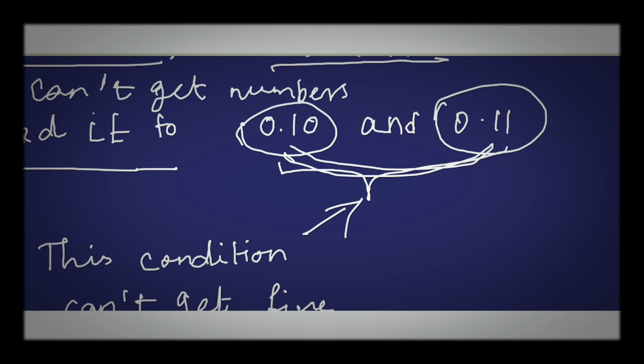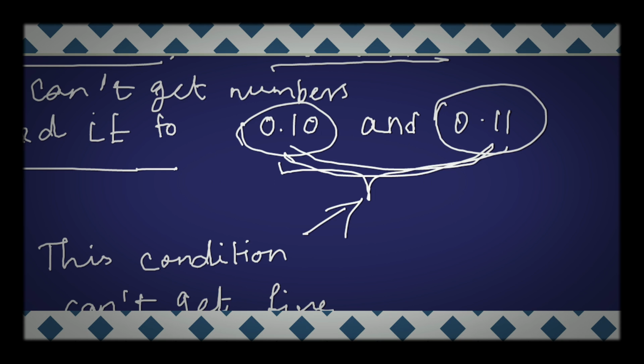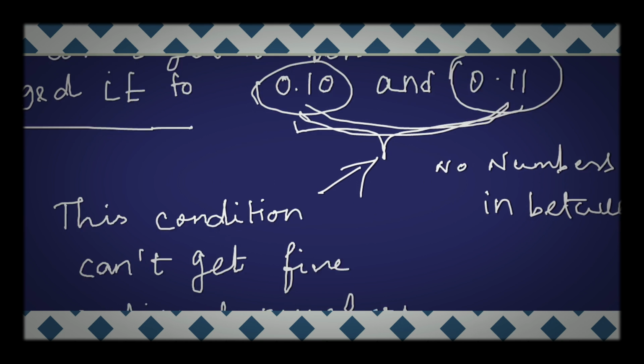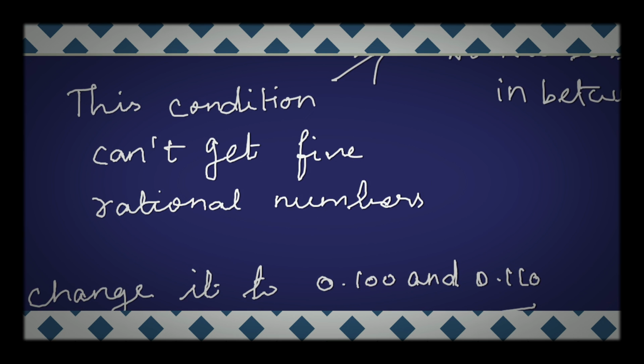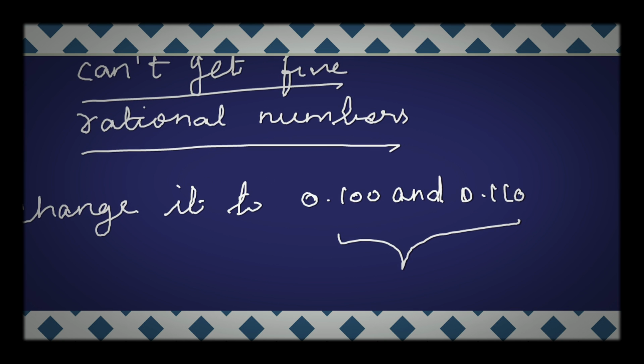But when you look at the numbers 0.10 and 0.11, it's just the immediate next number after 10. So numbers in between are not possible. So we get no numbers in between, as it is 0.10 and 0.11. In this condition we can't get 5 rational numbers.